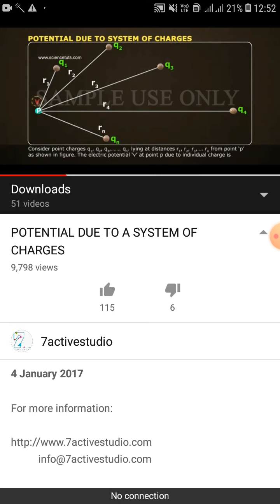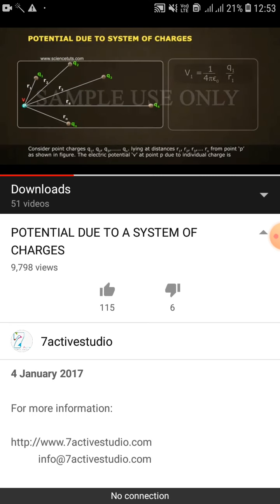The electric potential V at point P due to individual charges is V1 is equal to 1 by 4 pi epsilon naught Q1 by R1. V2 is equal to 1 by 4 pi epsilon naught Q2 by R2. Vn is equal to 1 by 4 pi epsilon naught Qn by Rn.